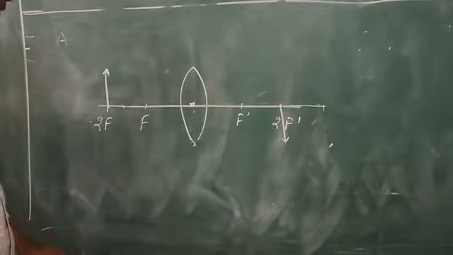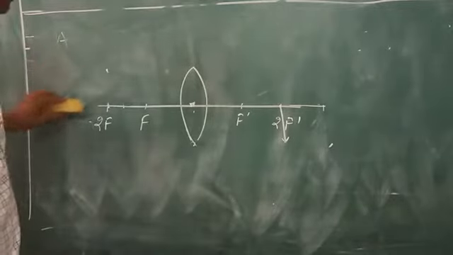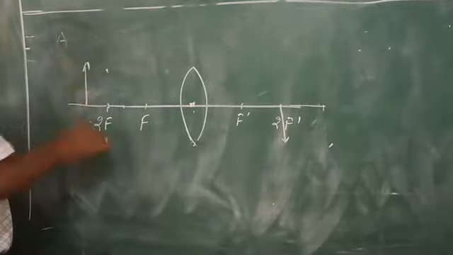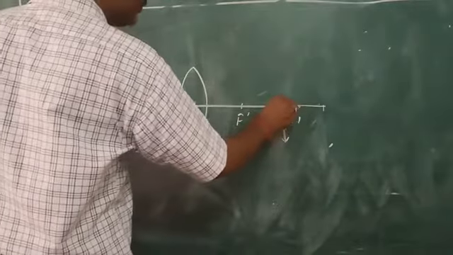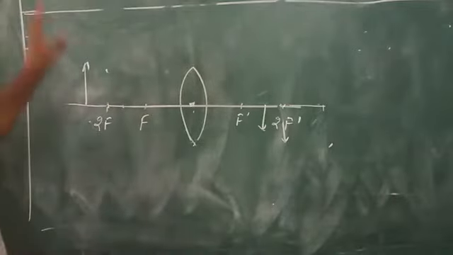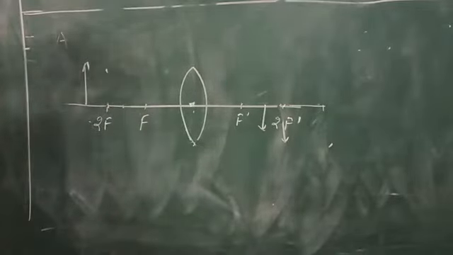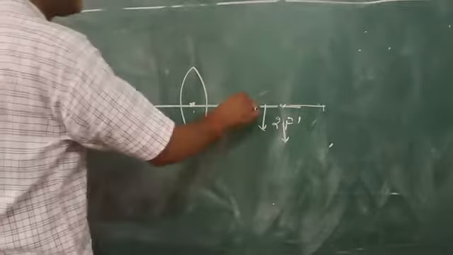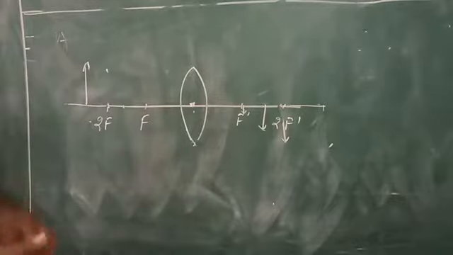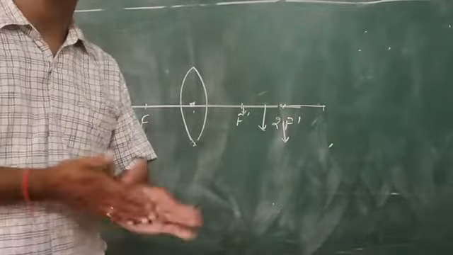And when the object is beyond 2F, then the image is formed between F and 2F, smaller than the object, real and inverted. And when the object is at infinity, then the image is formed at the focus, very small in size, real and inverted.